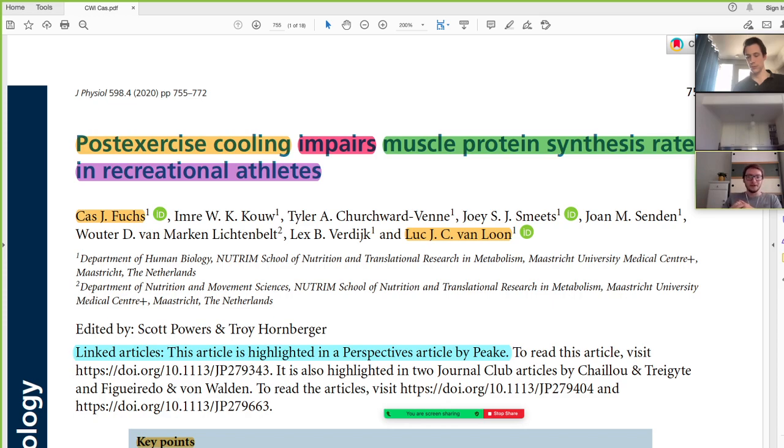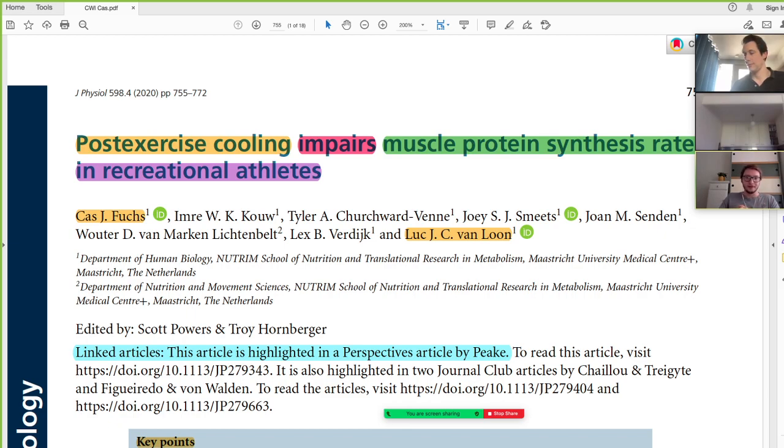Next to that, Journal of Physiology, pretty good journal, I would say, in this field. It doesn't mean that it's necessarily good, but it's a good indication that it's probably pretty decent work.